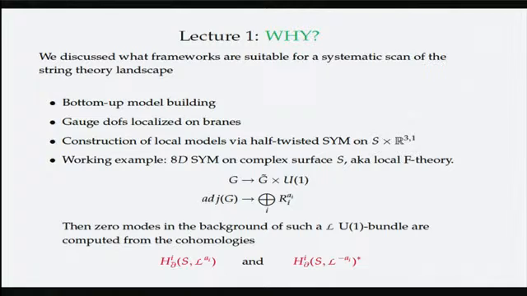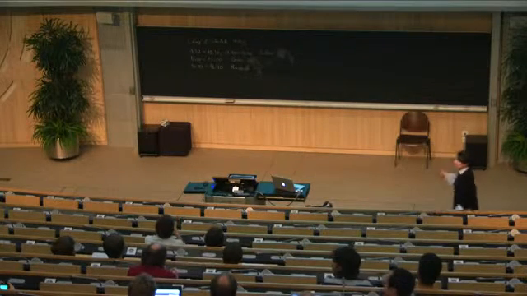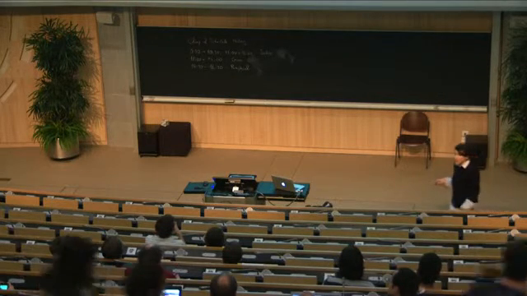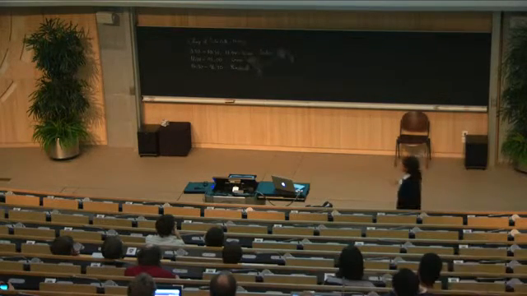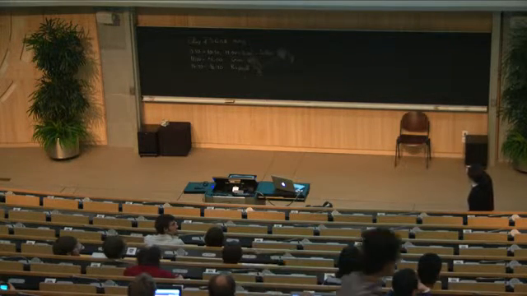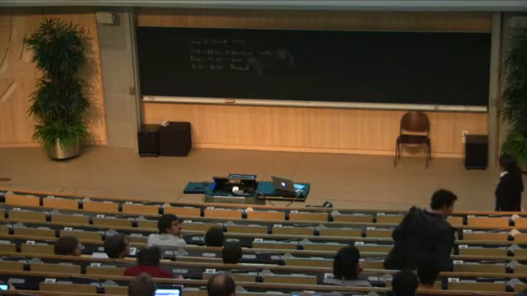Then we discussed gauge degrees of freedom localized on branes as a nice framework where we can, first of all, ignore any string theoretic issues and just study these so-called local models, which are half-twisted Super-Yang-Mills on some curved surface S, which was, for our purposes, a four-real-dimensional Kähler surface, times R3,1.